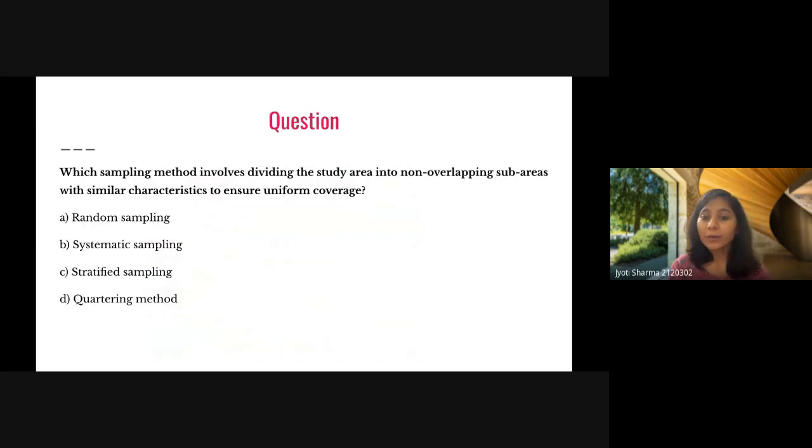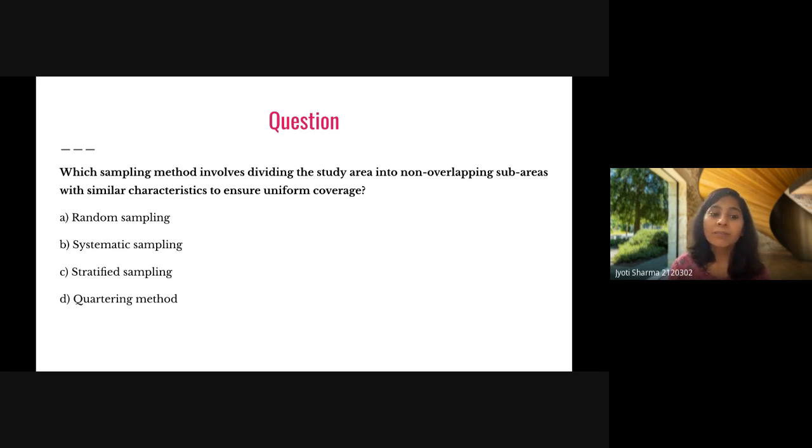So again, if we are talking about the sampling of solid waste or soil, we have four types of sampling: random, systematic, stratified, and quartering.